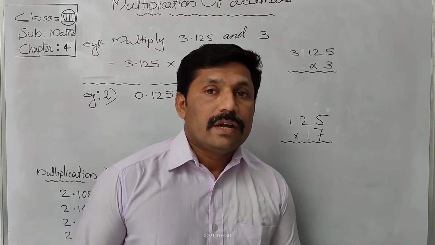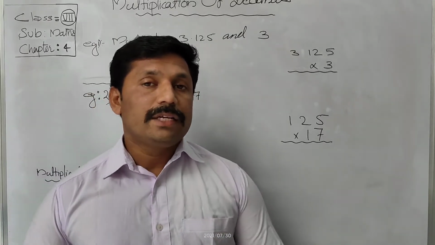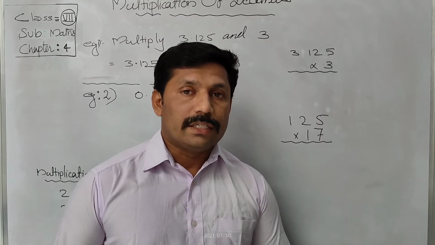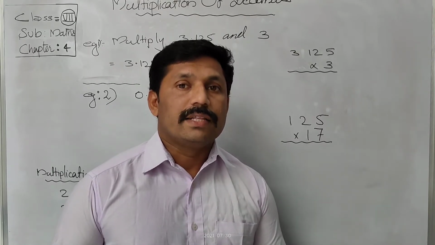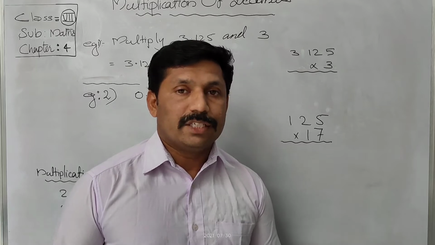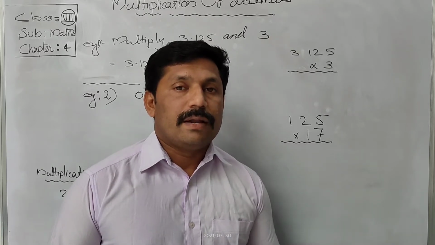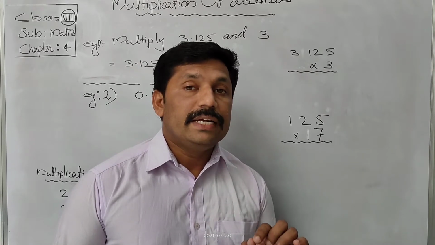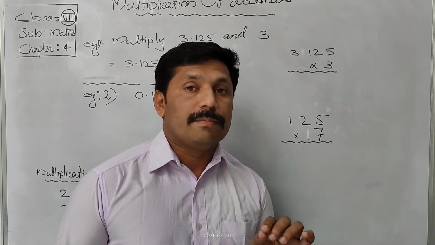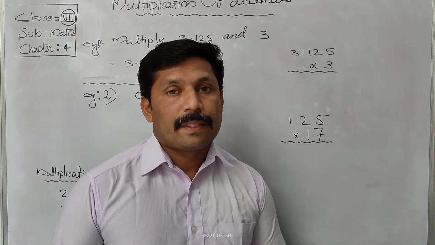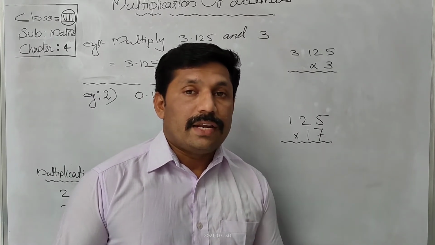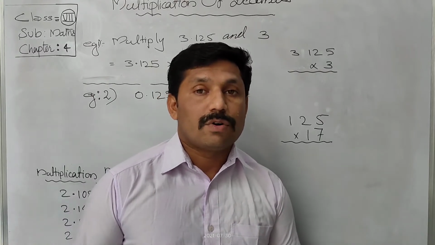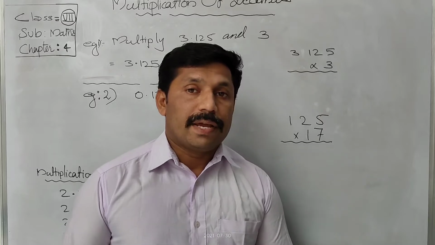Okay, let us listen. Dear students, in order to multiply two decimals, what are we doing? We ignore the point in the decimal numbers and then do the normal multiplication. Then after finding the product, we count the total number of decimal places in both the multiplicand and multiplier. The product carries a number of decimal places equal to the number of decimal places of the multiplier and multiplicand together.